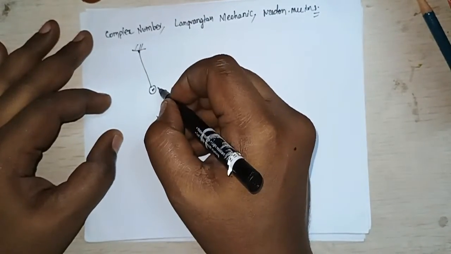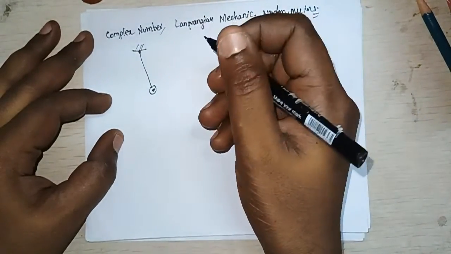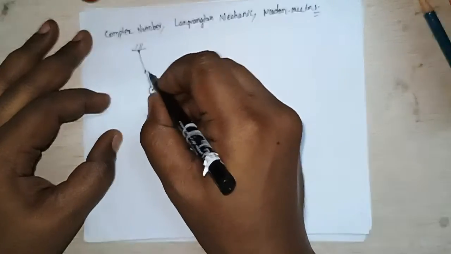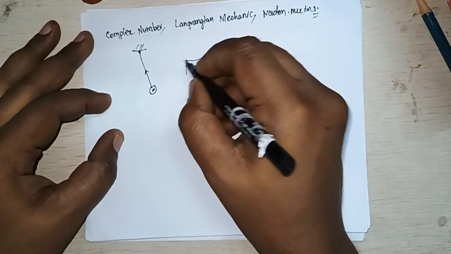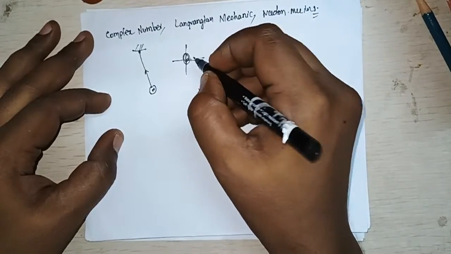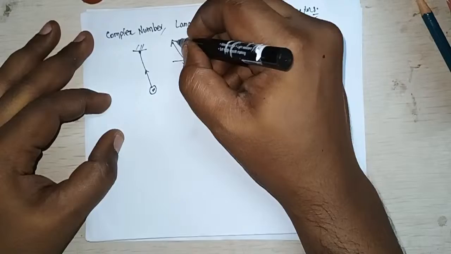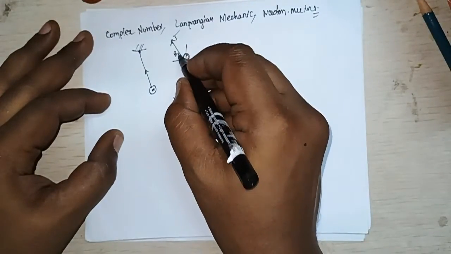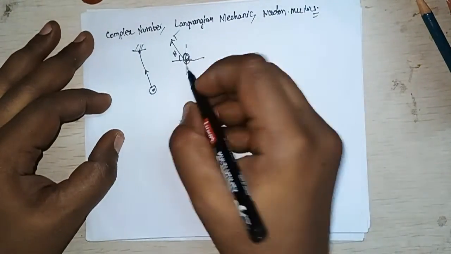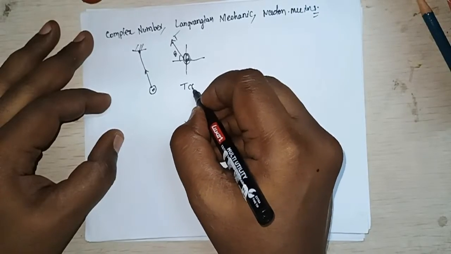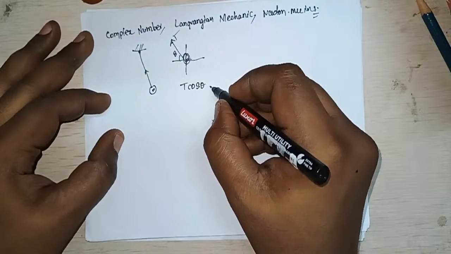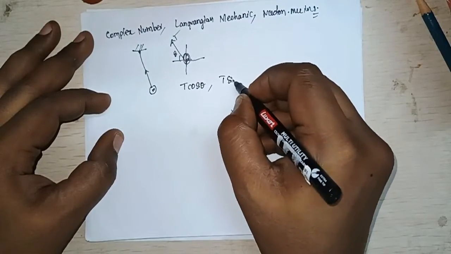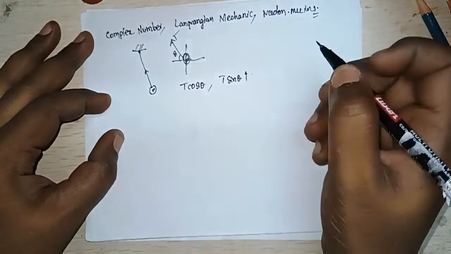if this is a mass, when you write the free body diagram for this particular mass, you take a coordinate system over here, and you have a tension T, and you resolve it by this theta into two components. One is T cos theta in the horizontal direction, and another is T sin theta in the vertical direction.